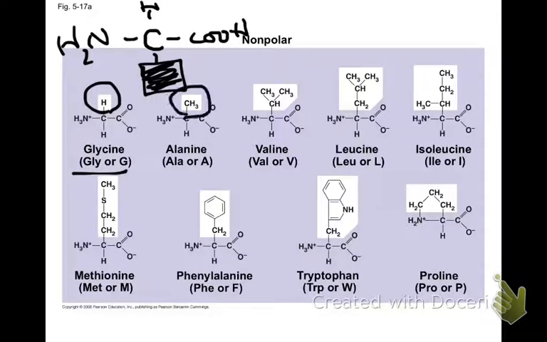It can be a methyl group, and it would be alanine. It can be one of the trimethyl kind of group that has been attached to it, and it would be valine. And you would have many different kinds that can be attached. If you notice, there is one sulfur group in this methionine. We'll talk about that later. I'll just remind you about that later.